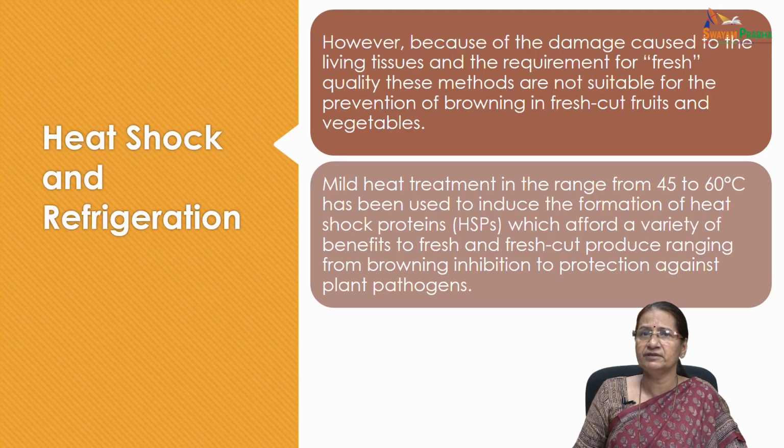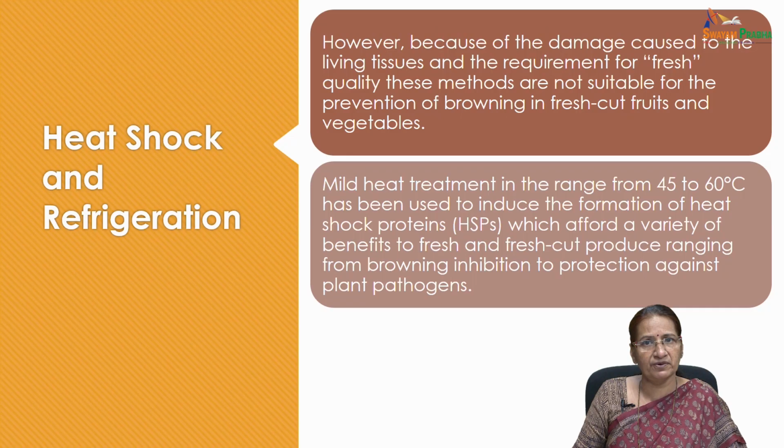However, because of the damage caused to the living tissues and the requirement for fresh quality, these methods are not suitable for the prevention of browning in fresh cut fruits and vegetables.